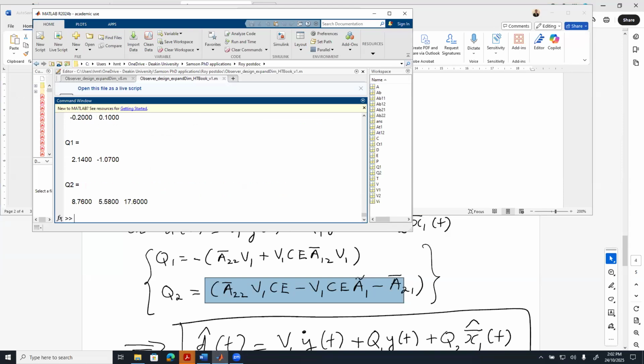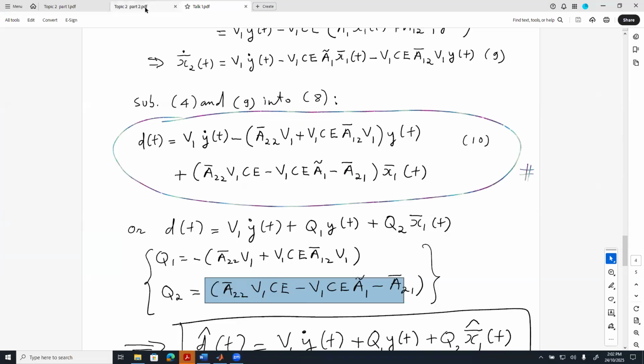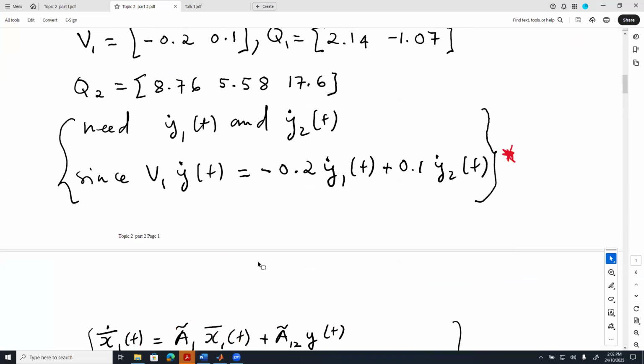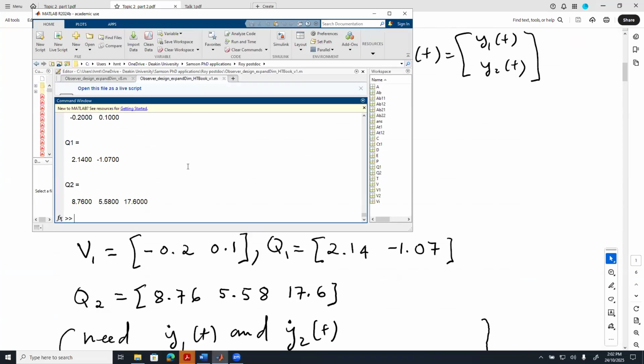And that's what we obtain. So according to the results we got using the Hou and Muller decomposition method, we obtain matrix V1 to be minus 0.2 and 0.1, and matrix Q1 and matrix Q2.